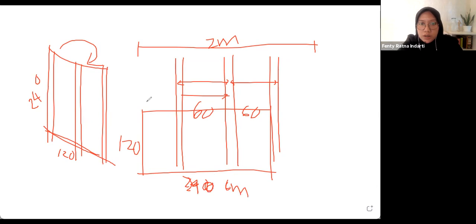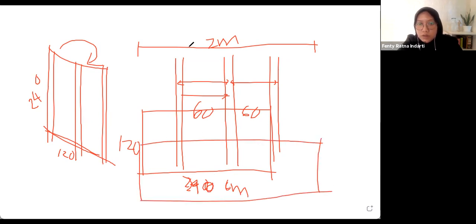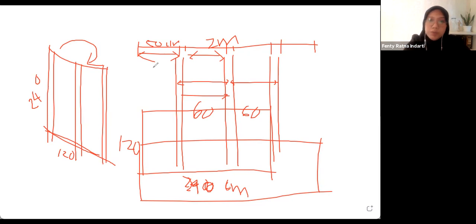It means that you have to divide it into probably 5 or 4 spaces for the span. If you divide it into 4, it is 50 centimeters each, or if you divide it into 5, then it will be 40 centimeters each. So there is no maximum, but you have to consider the sizing of each material.